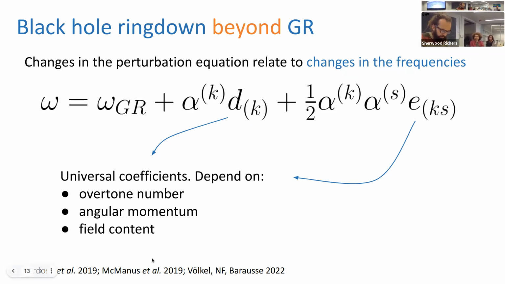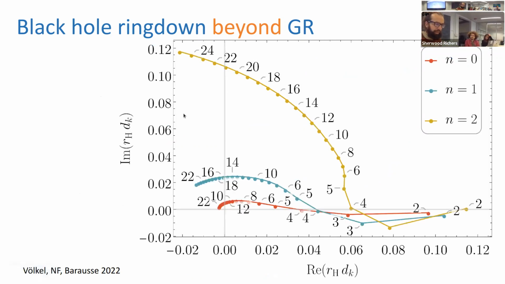And this was done in these two papers here in 2019, and then we extended it, computing the coefficients for different overtone numbers. Here you can see the real part versus the imaginary part for different overtones. So each color is a different overtone, and each point here is labeled by the k coefficient.